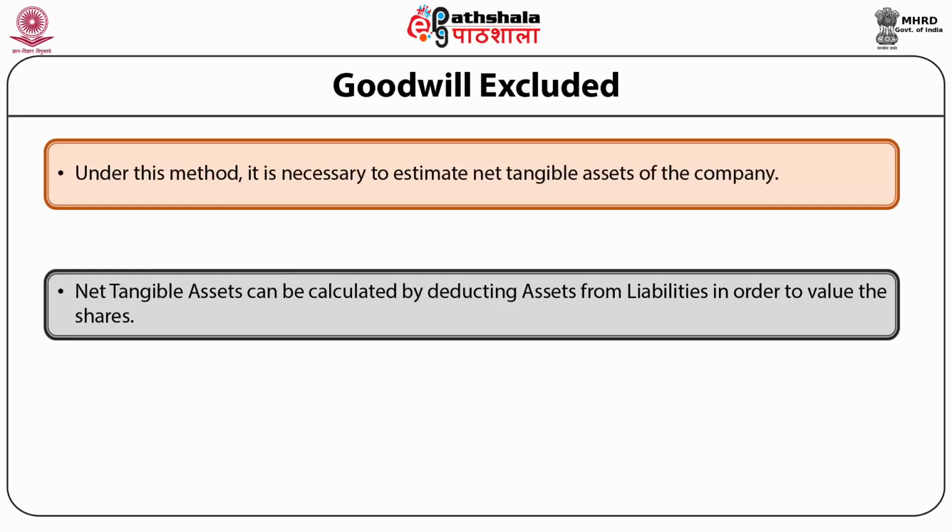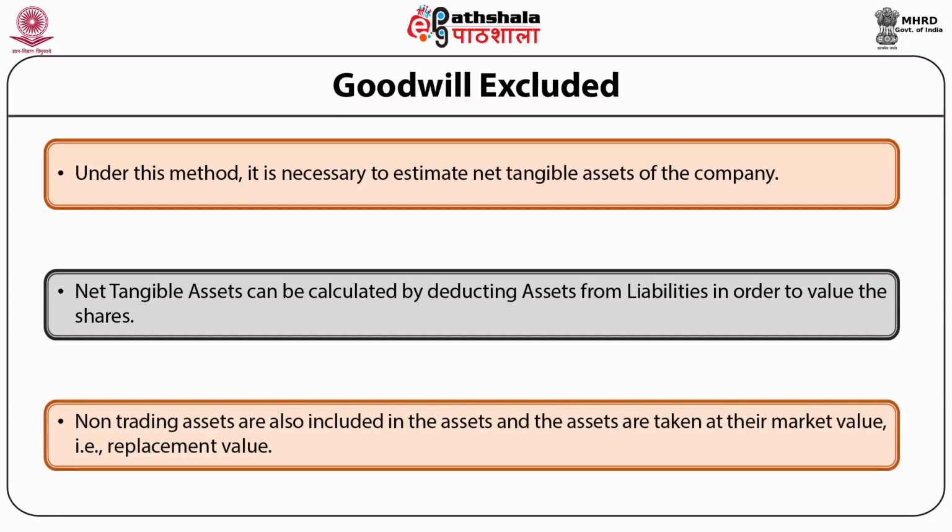While calculating the value of shares by this method, care must be exercised to ensure that the figures representing the assets are sound, that is, intangible assets and preliminary expenses are eliminated and all liabilities, whether in the books or not, are deducted from the value of the tangible assets.